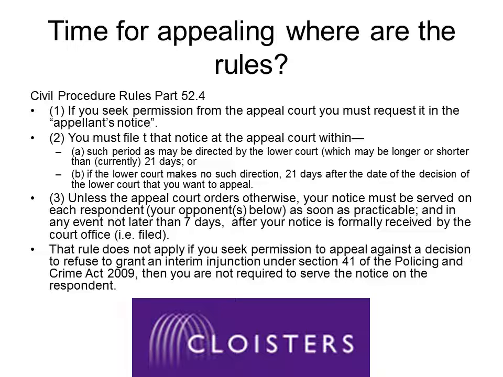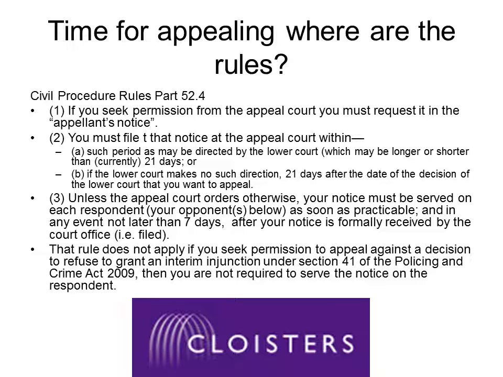Now, you have to file that notice at the appeal court within whatever period is directed by the lower court, and that period may be longer or shorter than 21 days, which is the norm. Or, if the lower court doesn't make any direction of that nature, then the default position is that you've got 21 days after the date of the decision of the lower court that you want to appeal.